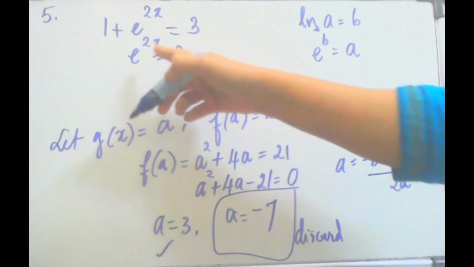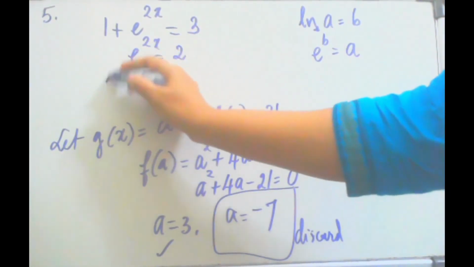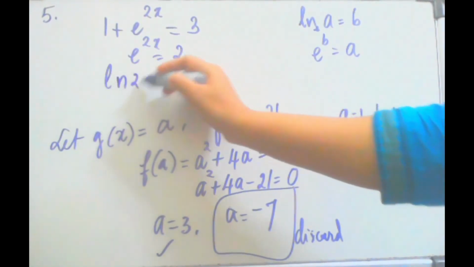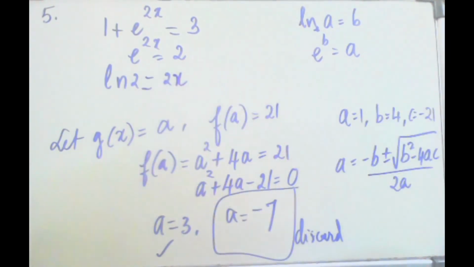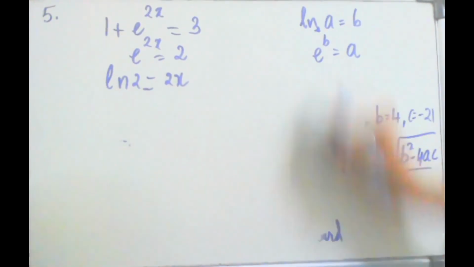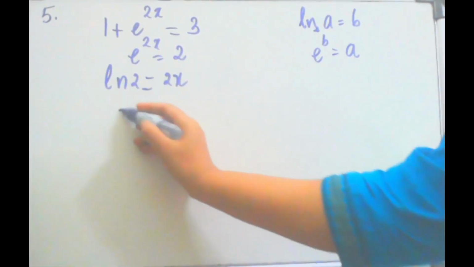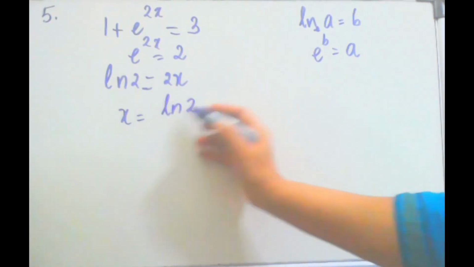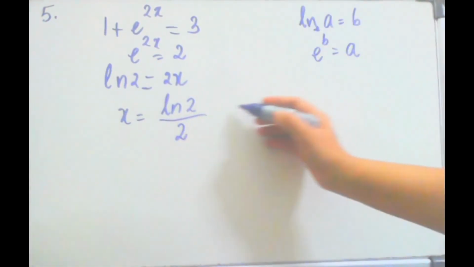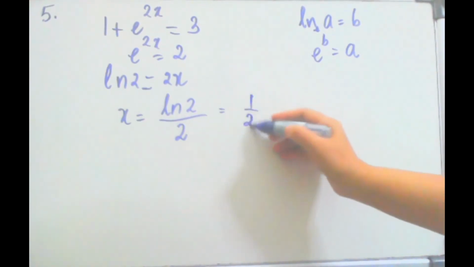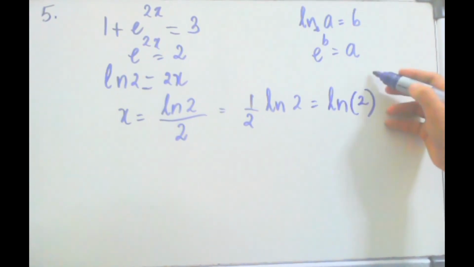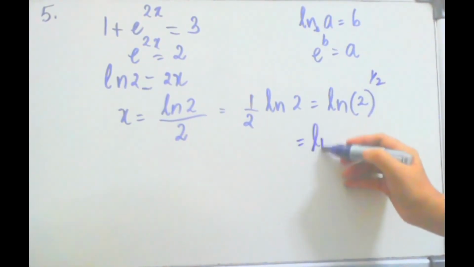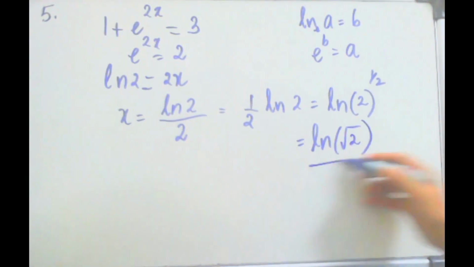Using that, we can write ln of 2 is equal to 2x. From this we get x is equal to ln of 2 divided by 2, which we can rewrite as half ln 2, which we can again write as ln 2 power half, which is ln square root 2.